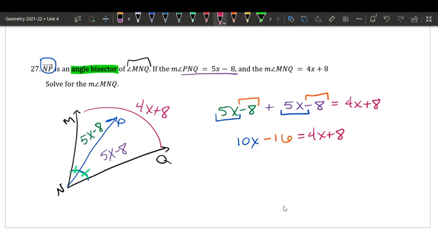All right, so now I have an equation that I can solve. So if I start with the solving, I want to get the x's together. So I'm going to subtract 4x. 6x minus 16 equals 8.